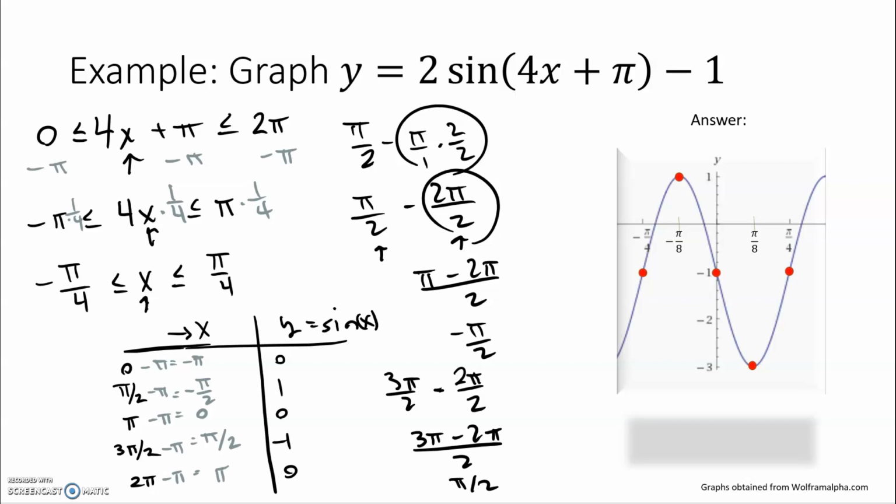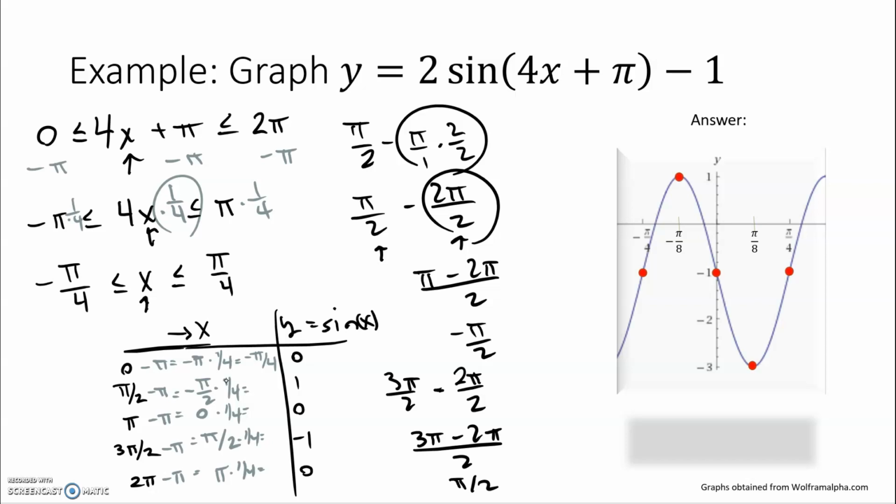And then the next thing I did was multiply times 1/4, so I'll do the same thing for each one of these. Multiply by 1/4. I'm running out of room. Let me do this. 1/4, 1/4, 1/4, times 1/4. Okay, so negative pi times 1/4 is negative pi over 4.